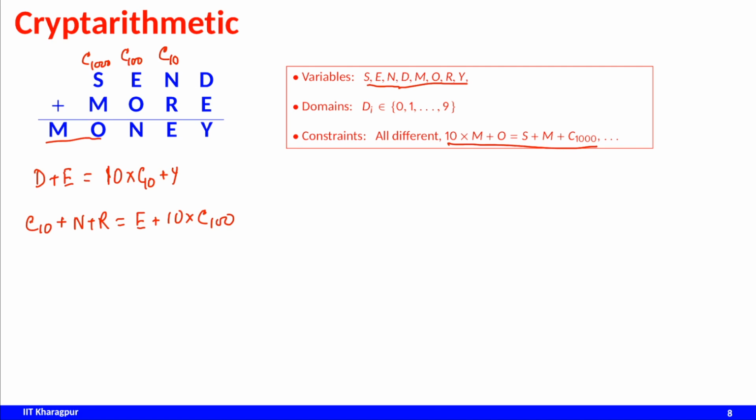Similarly, C10 to C1000 are all internal variables, which we are usually not bothered about, but they are required to model this problem, and these variables also lie between 0 and 9. Fine, and we can give it to the solver, and the solver will solve it for us.